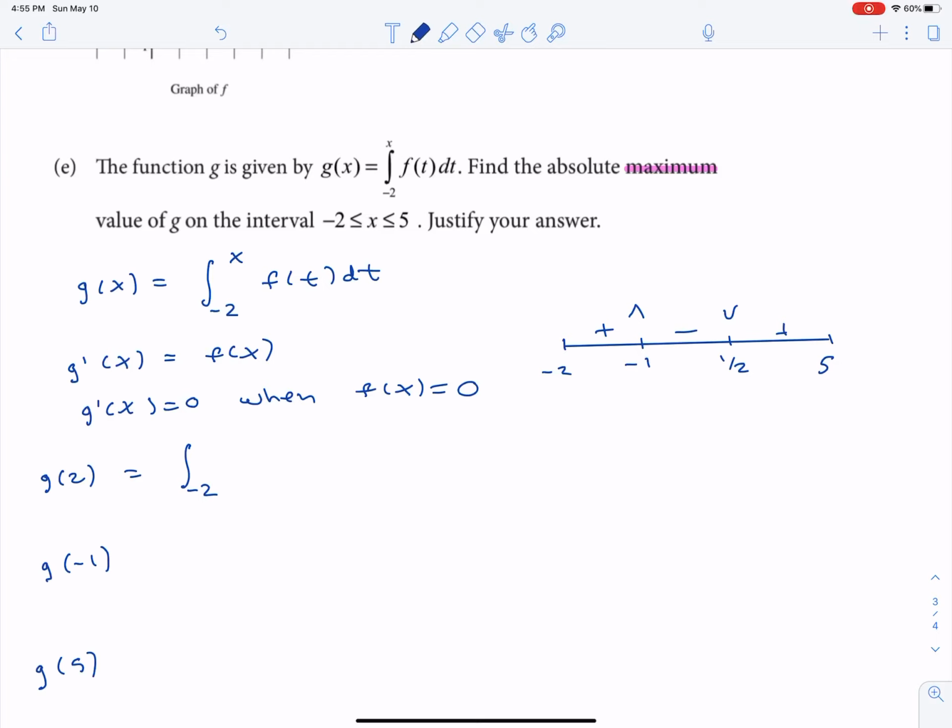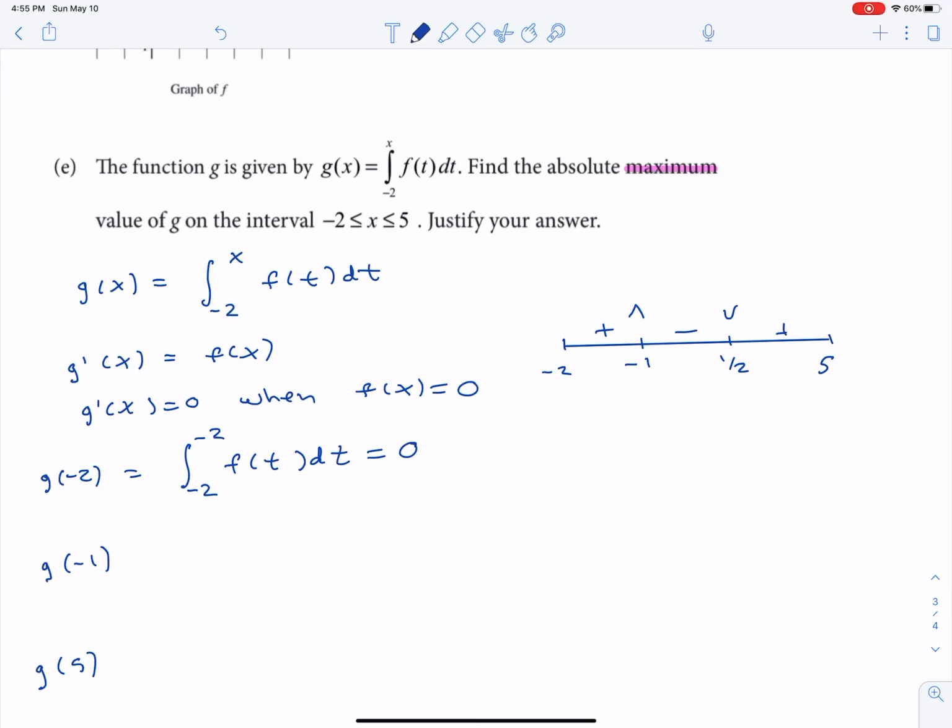I'm sorry, I'm saying g of 2, but it's not g of 2, it's g of -2. Hopefully that did not confuse you guys. Hopefully you recognize I was just saying it incorrectly, right? Because that's the endpoint. So from -2 to -2 of f of t dt, and that just equals 0.